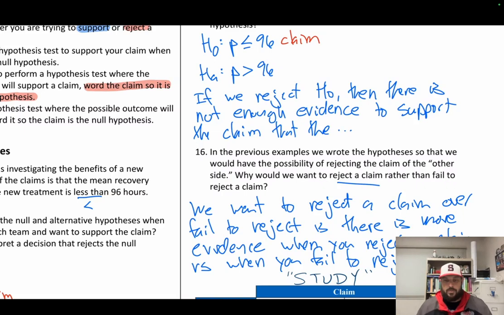When we fail to reject, it doesn't prove that the claim is true. We just don't have enough evidence to reject it, and so we fail to reject it. But when we reject a claim, there is evidence supporting that side of it.